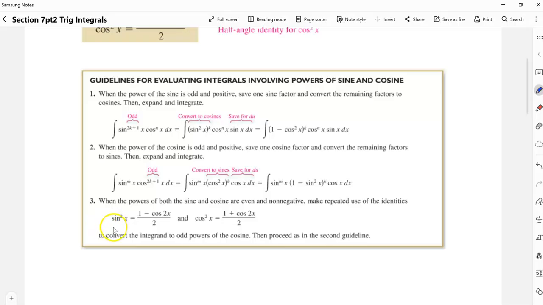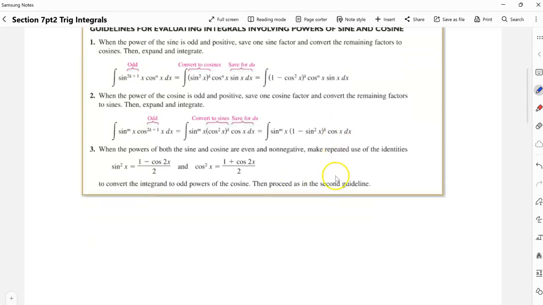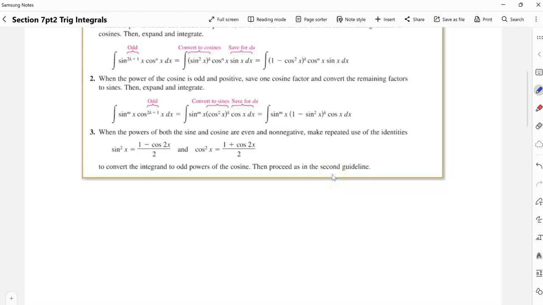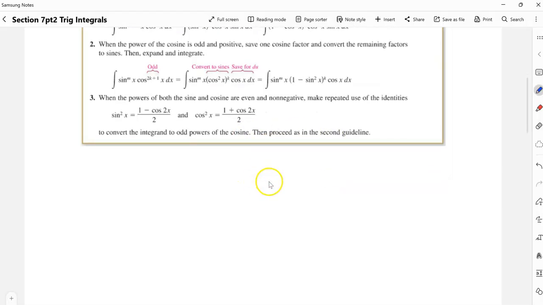If we're integrating just a sine squared or a cosine squared, we could use what's called a power reducing formula. These are formulas that are on our cheat sheet on that trig side that you may end up needing to use. Other things you may end up needing to use would be product to sum or sum to product formulas.